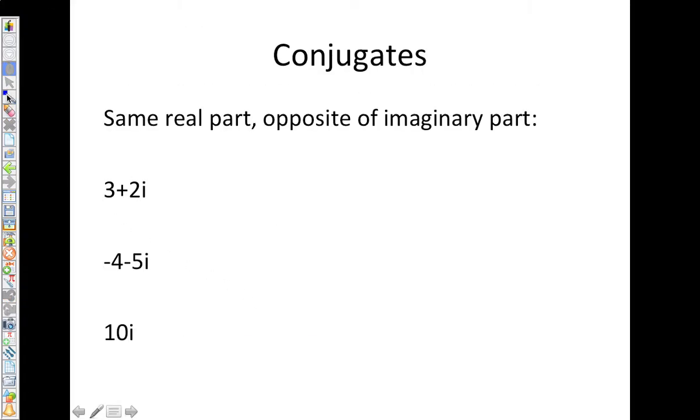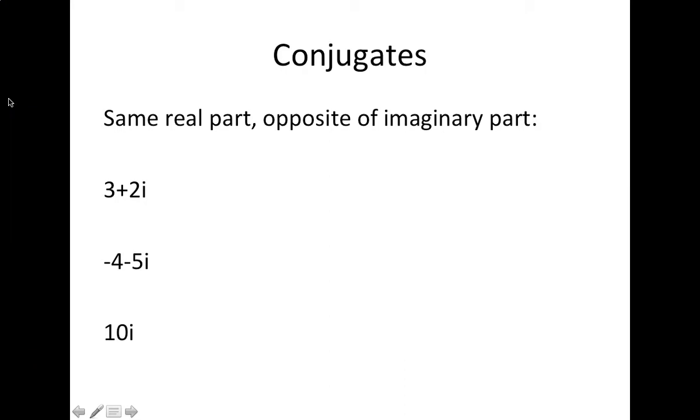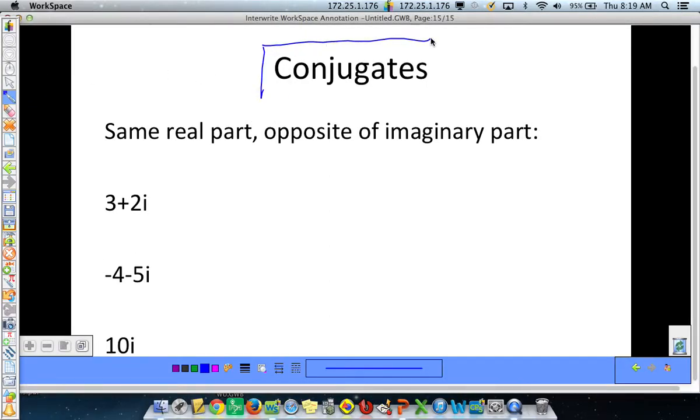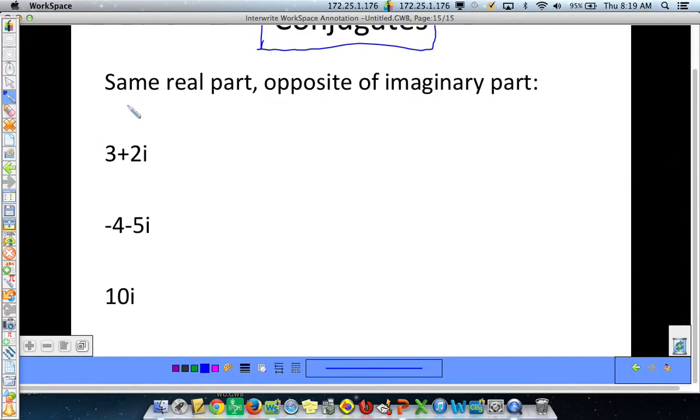And the last part here is you need to understand what conjugates are. This is a new term. When we talk about the conjugate of a complex number, you take the number and you keep the same real part, but then you write the opposite of the imaginary part. So the conjugate of 3 plus 2i would be 3 minus 2i.